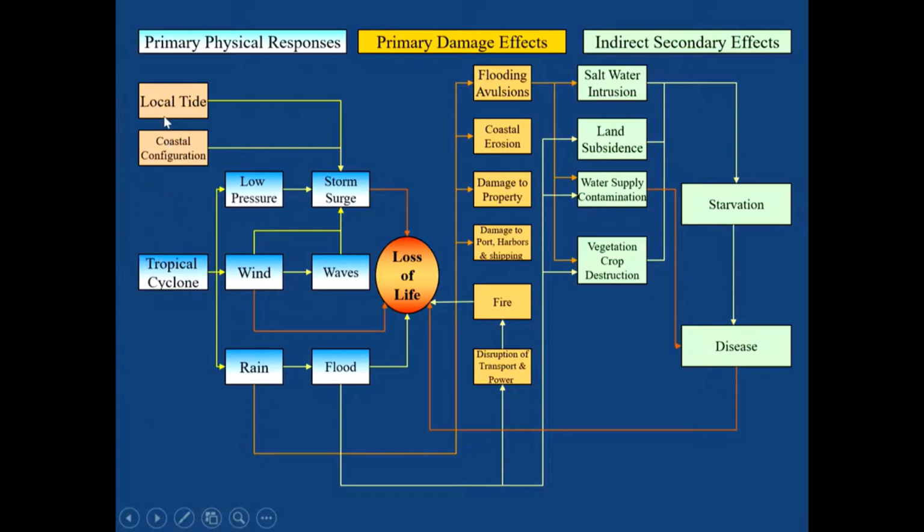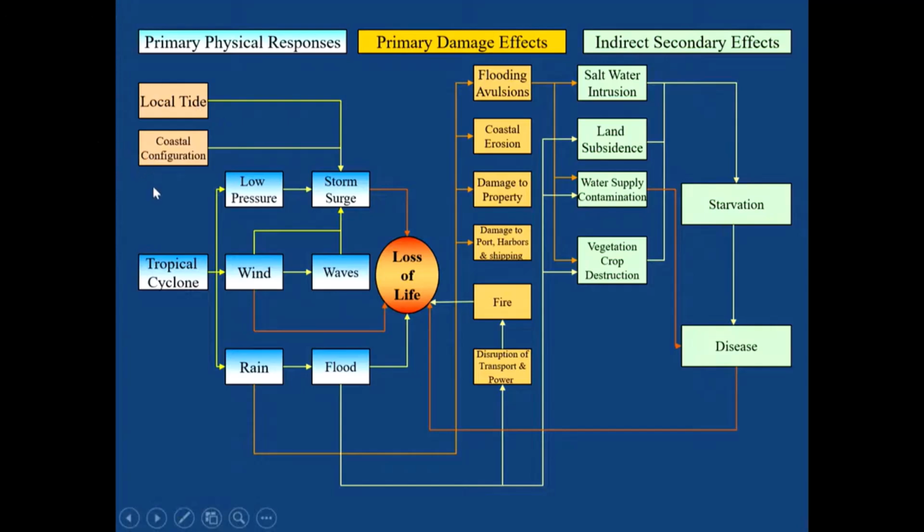What matters is the local tide. Local tide time is very important when a cyclone crosses. If it is a spring tide time and the storm surge coincides with the spring tide, normally during spring tide the water elevation will be more in the ocean. So in addition to the storm surge, this additional mass of water due to tide will cause more devastation.